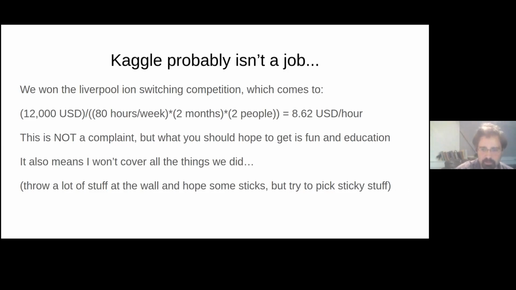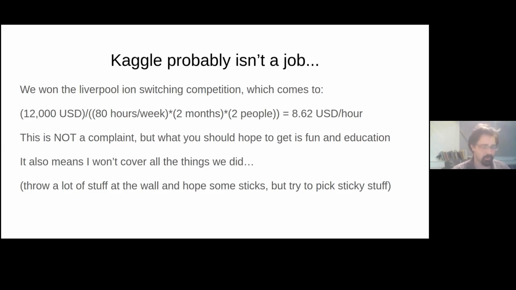And that's an important point. Somebody mentioned that when I posted a rundown of our solution, which is you have to be able to try a lot of stuff. You hope that some of it sticks, but as you get smarter, you're going to know what to throw at the wall. Most of it's not going to work. I told Rakesh at the beginning, it's a first order approximation. Nothing you do ever works in these competitions.